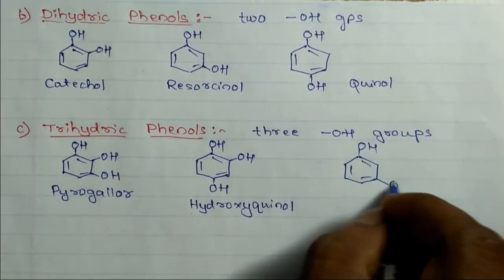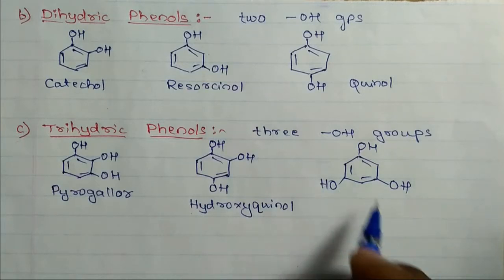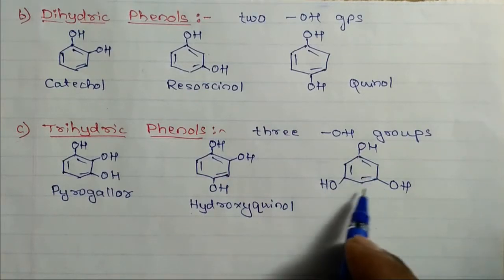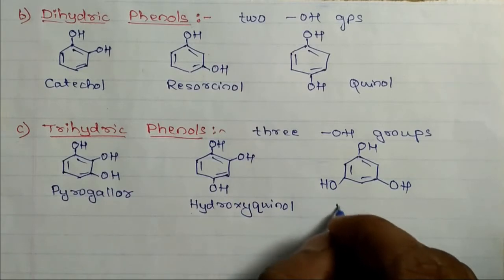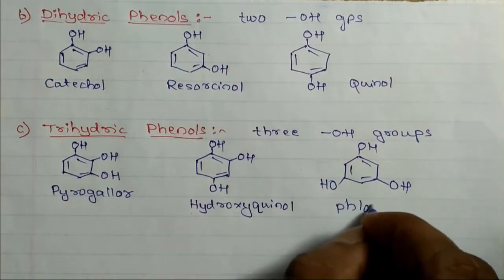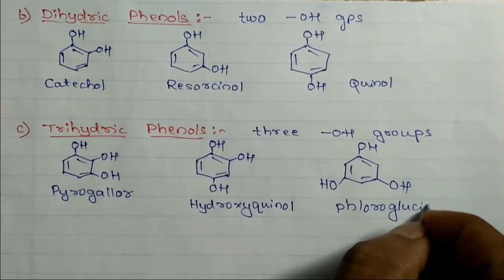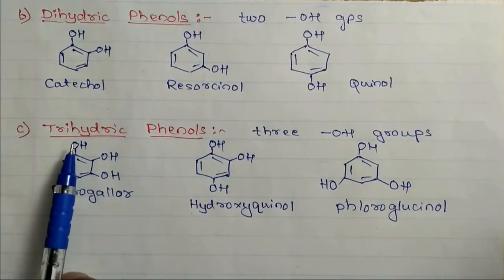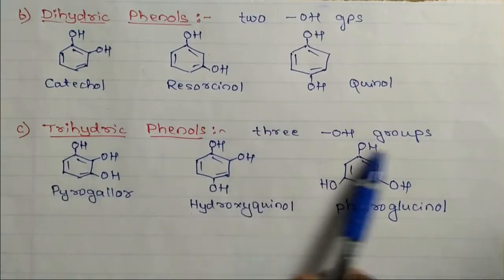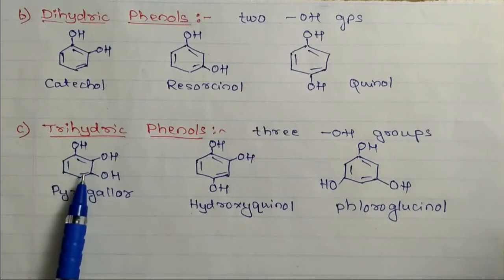OH. This is benzene 1,3,5-triol. The common name is phloroglucinol. These are the compounds in which three OH groups are present, and all three OH groups are directly attached to the benzene ring.